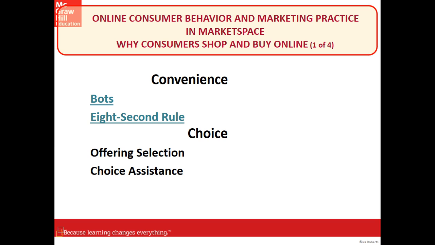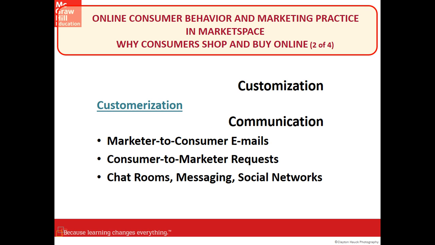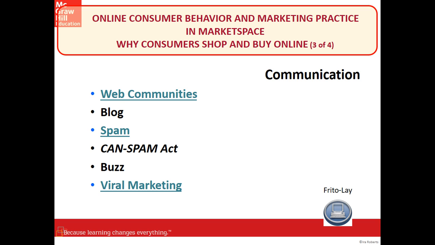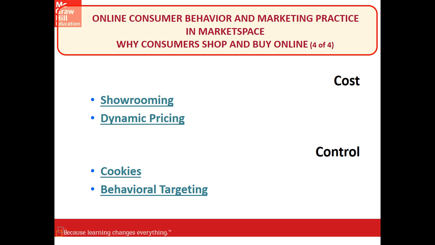And what does convenience mean here? What's the 8-second rule about, okay? And what's customization of the web page? What are web communities? What is spam? What does the CAN-SPAM Act cover? What is buzz? What is viral marketing? We should know all these concepts and terminologies, okay?